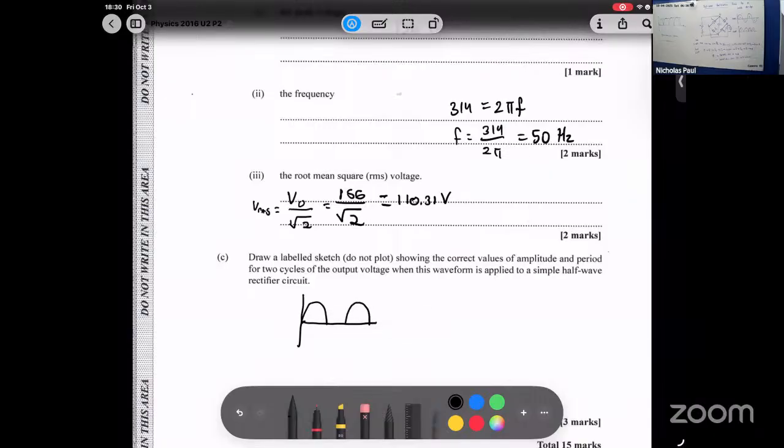Right, and the one value. Show the amplitude. What's the amplitude? And the one the period. What's the period? And you put it in the right place. 1/50.